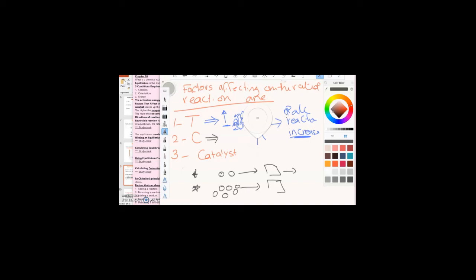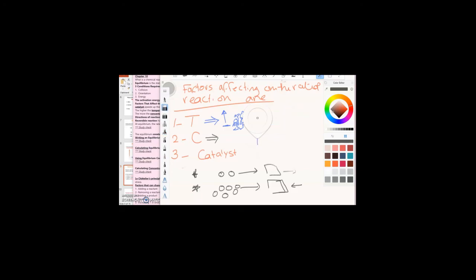The probability will be more, and the time will be faster, and so the rate of the reaction will also increase. So increasing the concentration of the reactants will increase the rate of the reaction.